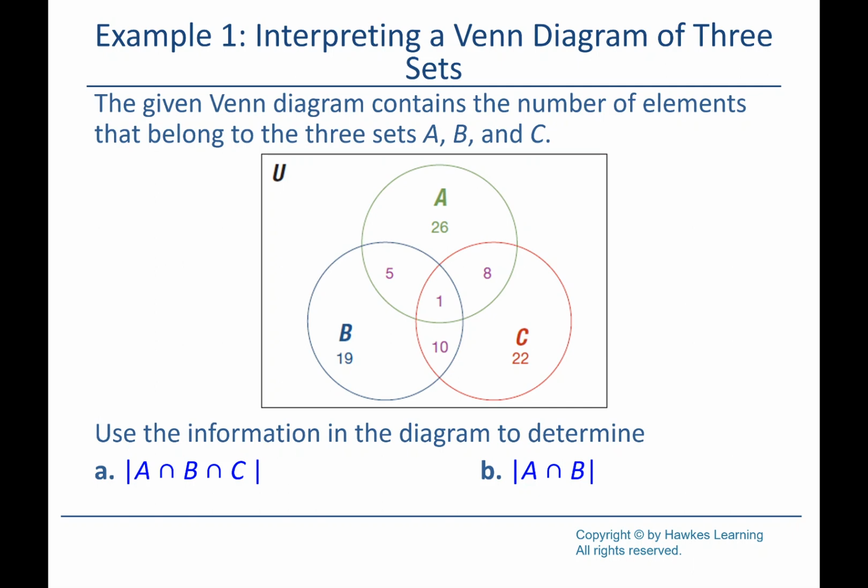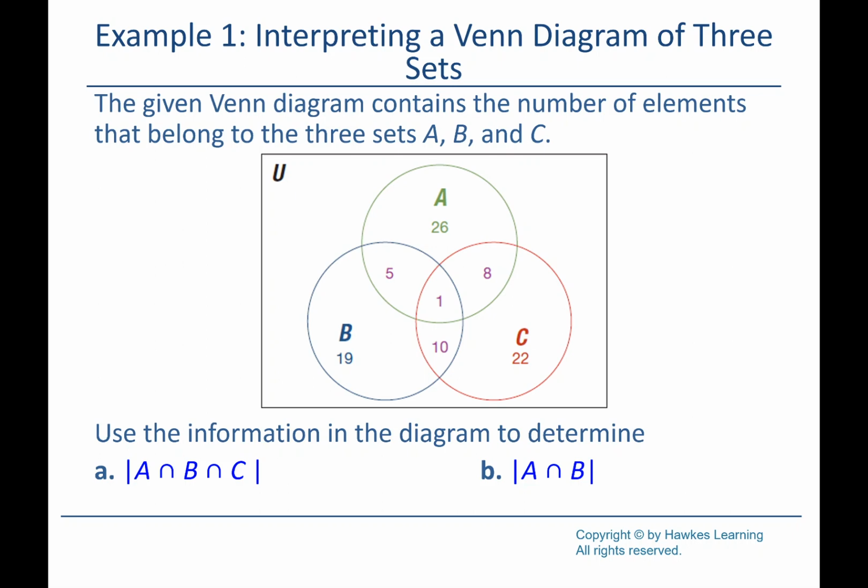Okay, so this one gives us a Venn diagram and then it asks us for some information. This is where we're kind of reviewing. We have to go back and review what we've talked about to see what these are asking for. And so on A, we've got A intersect B intersect C. And if we remember, intersection is where the sets overlap. So the area we're looking at is the place where A, B, and C all overlap.